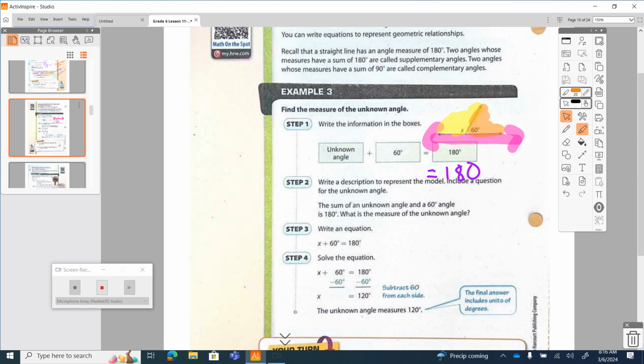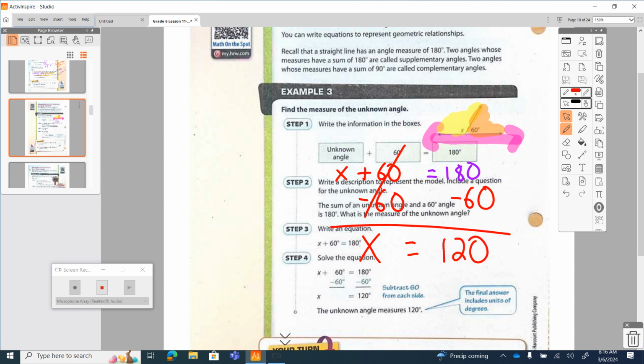That's how they get X plus 60 equals 180. So with fact families, or to undo addition, you use subtraction on both sides. Those cancel out. X equals 180 minus 60, which is 120.